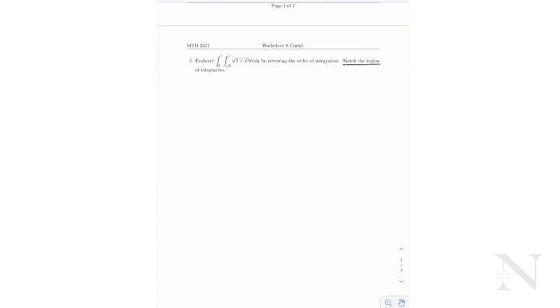According to this, you're doing x first and then y. You're going from x equal to square root of y to x equal to 1. You should have some awareness of what these things mean in R2. X equal to square root of y: you're thinking, I don't know what a square root looks like. You could just square both sides. You probably know this one, y equal to x squared. It's probably the first non-linear function you've ever seen in your life.